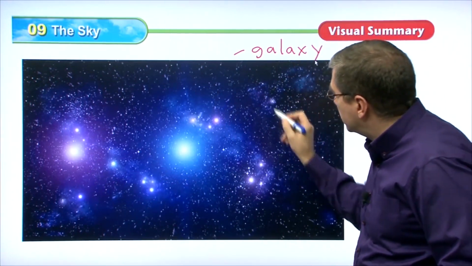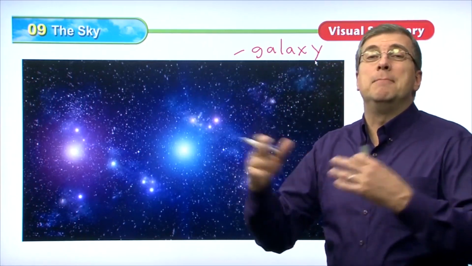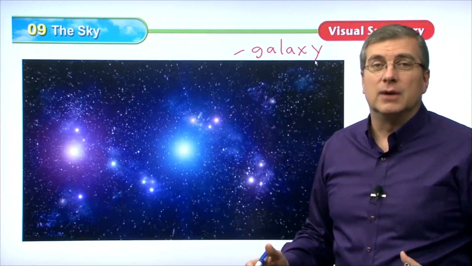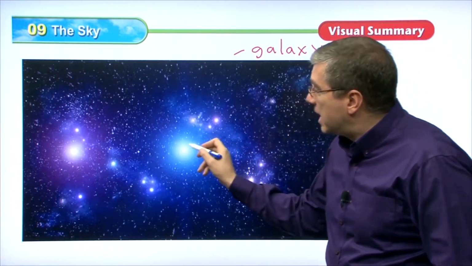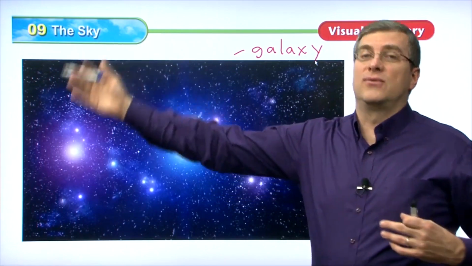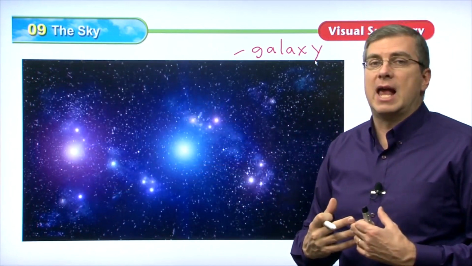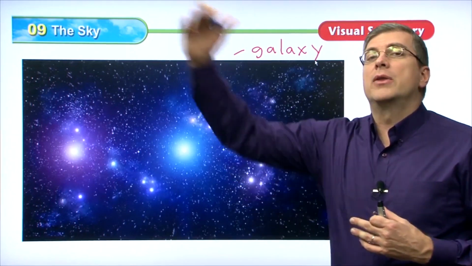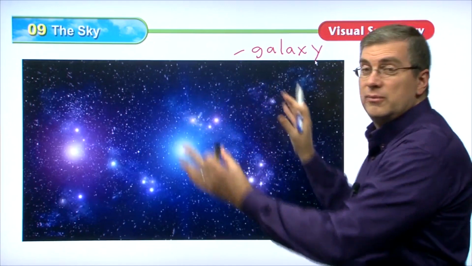Galaxies are groups of light together. A galaxy has millions and millions of stars all grouped together. And they are really, really far away, right? We live in a galaxy, but we can also see other galaxies that are very, very far away. The galaxy is full of many stars.